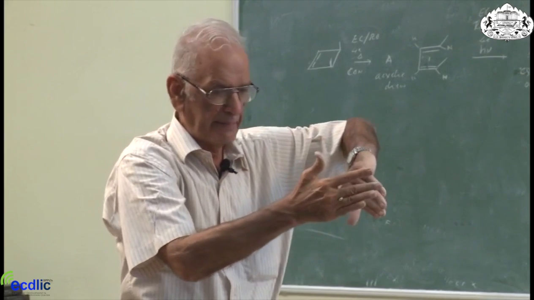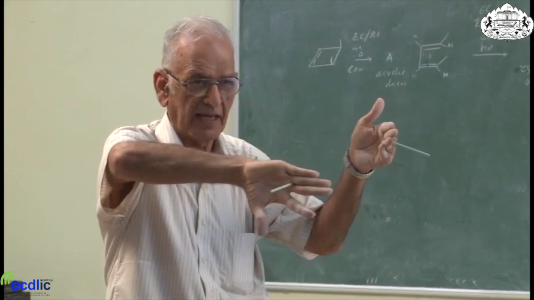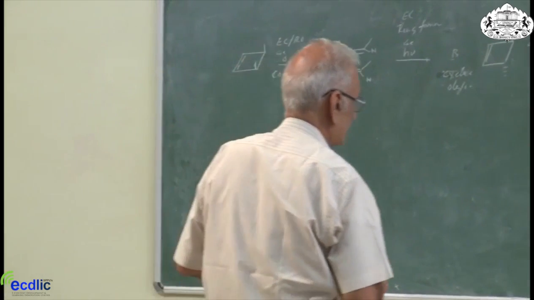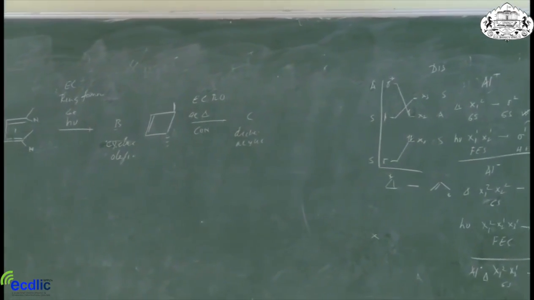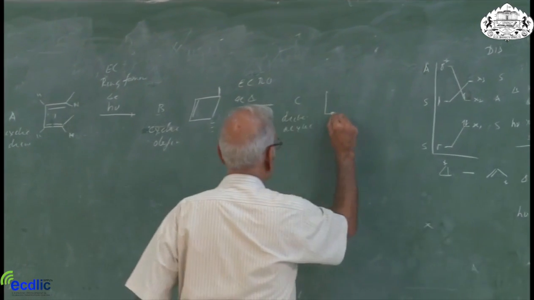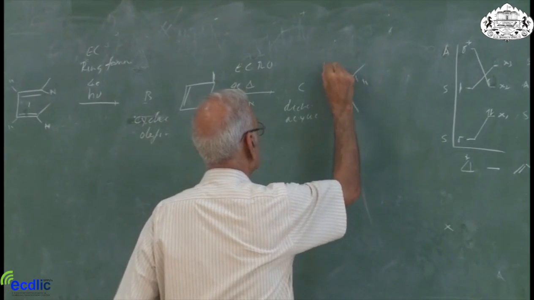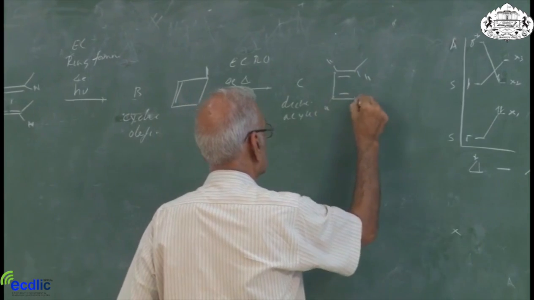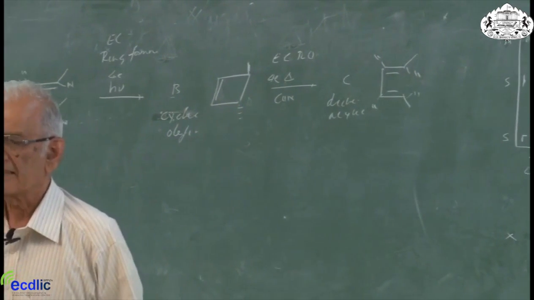I can get in principle this, but this will have much more energy, so it prefers to do the other thing. So, I get into that product. Now, this is trans-trans hexadiene.